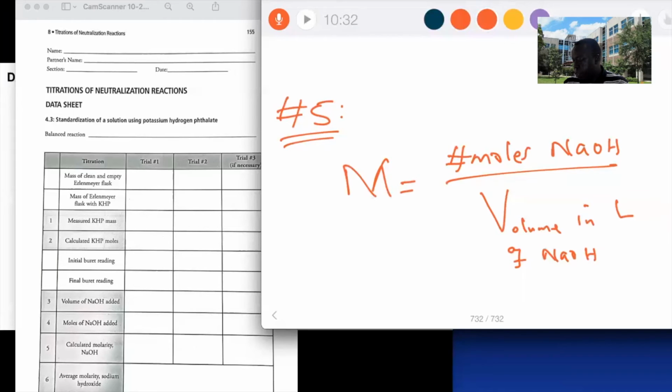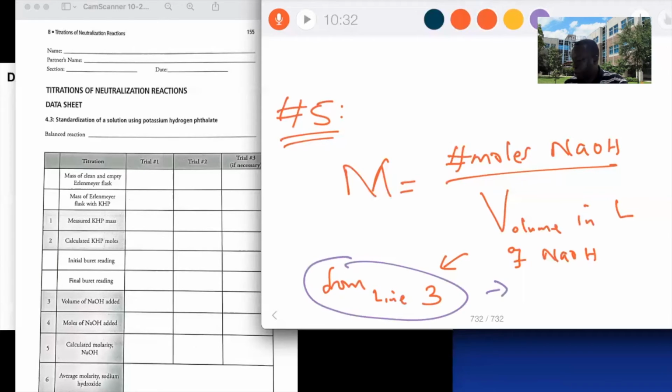Remember, this is from line 3, and you change that to liters. Remember, 1 liter equals 1,000 ml. So you need to change the volume from line 3 to liters using the conversion.